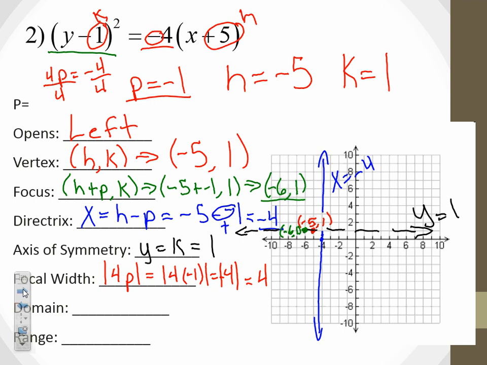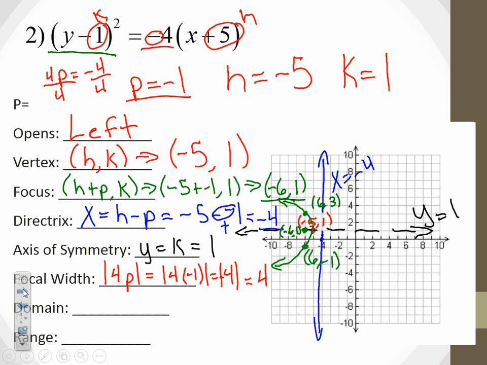It's 4. Half of 4 is 2. So I go 2 down, 2 up. Make sure you label those points. So this point right here is 6, negative 1. This point right here is 6, 3. And now we're going to connect those with our vertex to create our parabola.